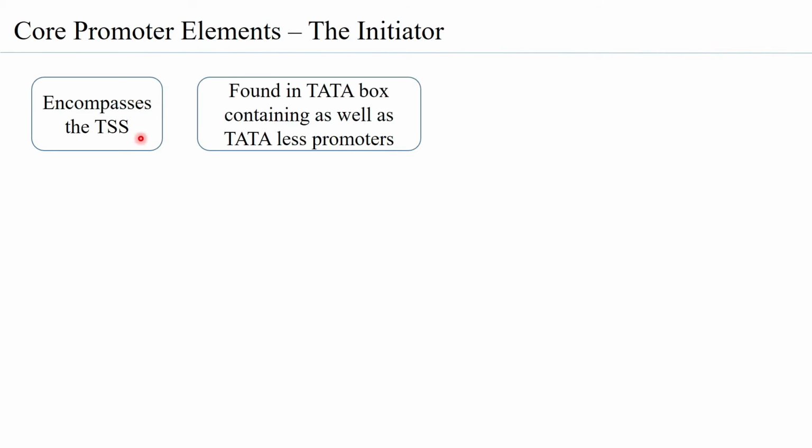It is present in promoters that have a TATA box and also in promoters that don't, so there is no relation with whether the promoter has a TATA box. Independent of the TATA box, the INR can be present. Most studies have shown that the INR is the most common motif present in most focused core promoters.